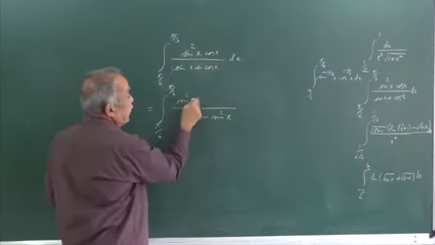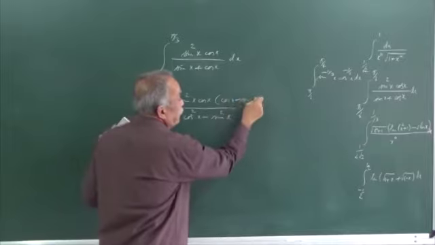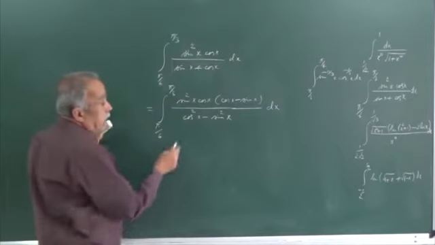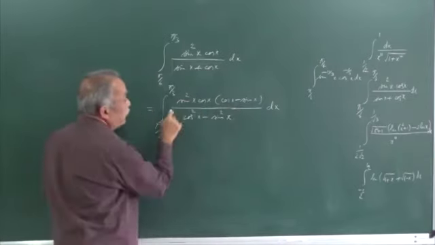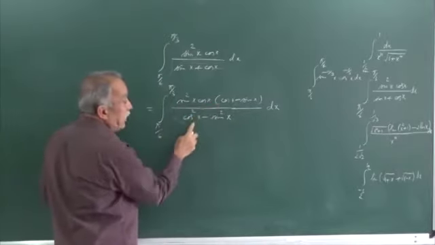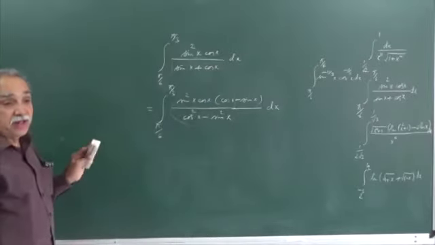Numerator sin square x cos x into cos x minus sin x. I find that in this portion, the expression is sin square x cos square x by cos square x minus sin square x. Only even powers are occurring.